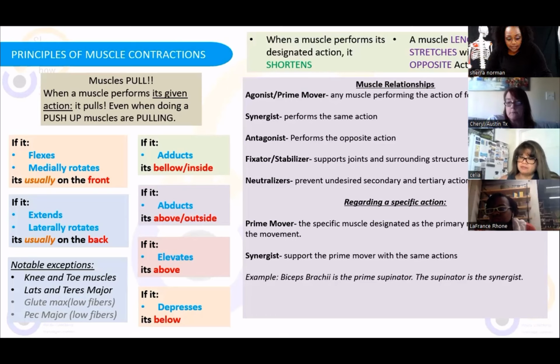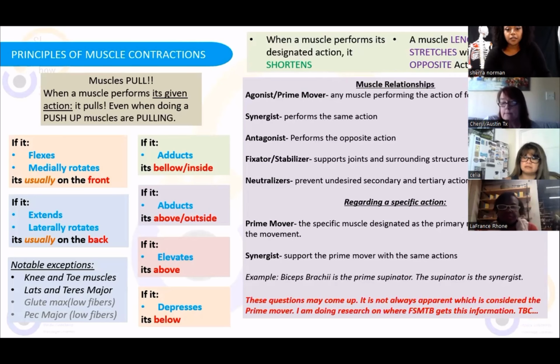And it says in 2017, the FSMTB will no longer be providing a reference list. So I don't know what resource they get that information from. It would be very helpful if they would share that with us. I think it would be very fair to give people a fair opportunity to study this information specifically, but we don't have that. And it's not always apparent. So here's where I have to leave that. These questions may come up.